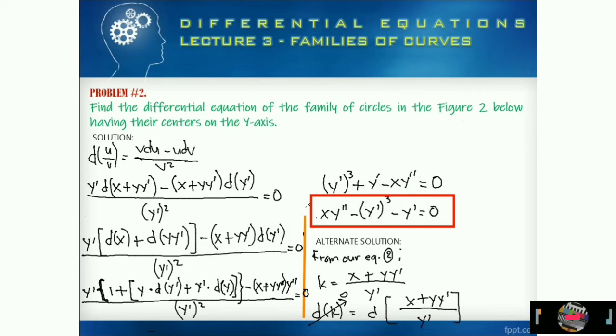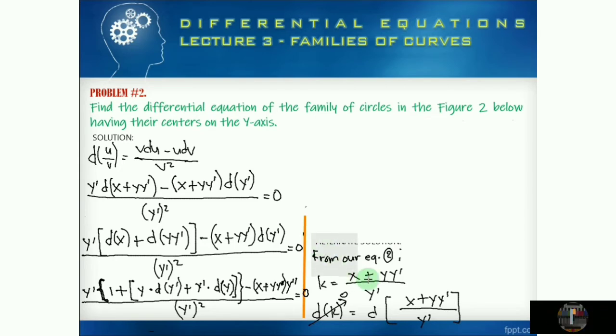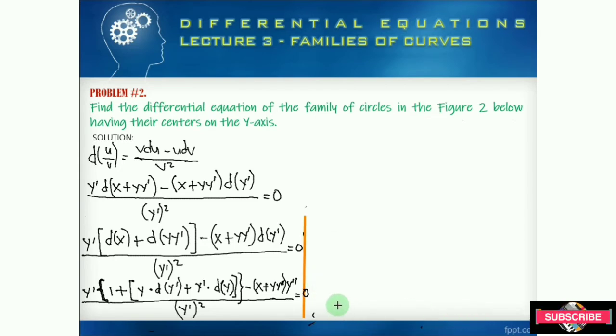So proceeding with our calculation. Okay, so we have here y prime times this one, plus y times the derivative of your y prime, so this would be, again enclosed in this bracket, y double prime.